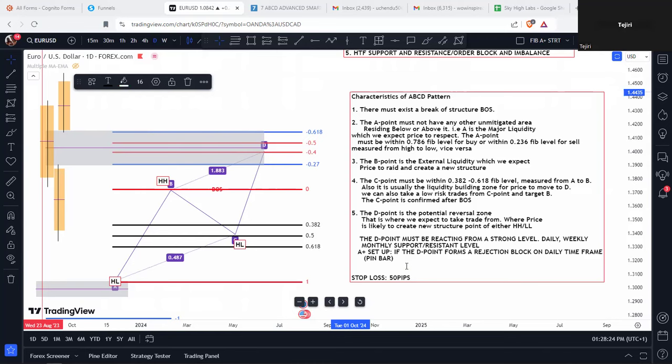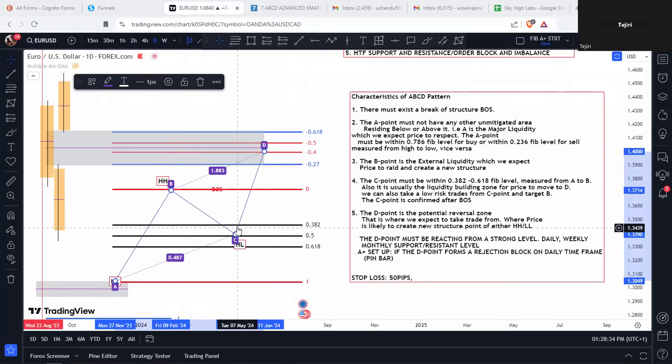You have to look at your structure very well. If you have entered here, you know your stop loss will be below here. So stop loss, 50 pips.